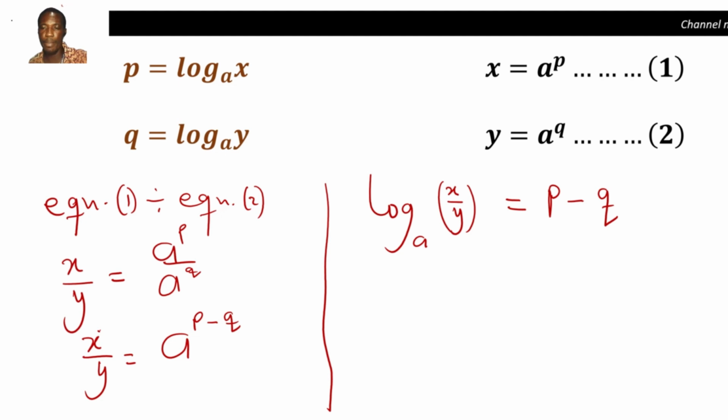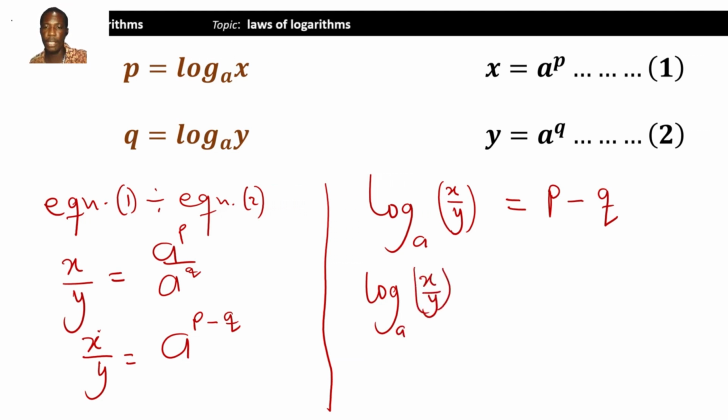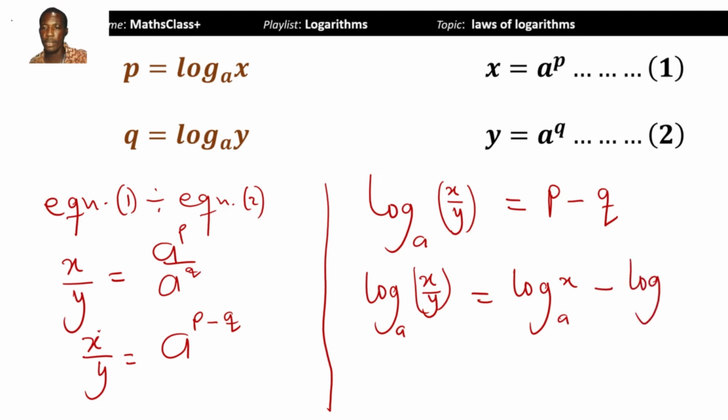Let's remember that p and q represent log x and log y respectively. So now let's do the substitution. Log x divided by y to the base a is equal to log x to the base a minus log y to the base a.